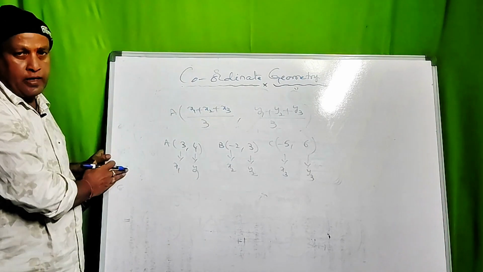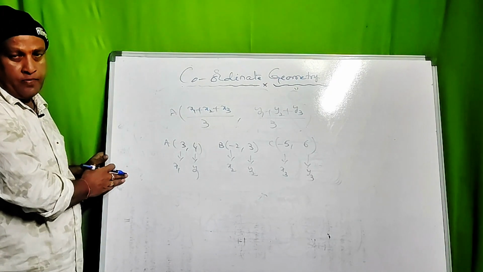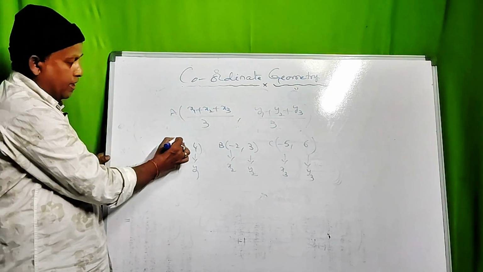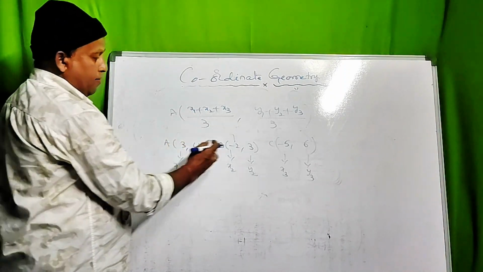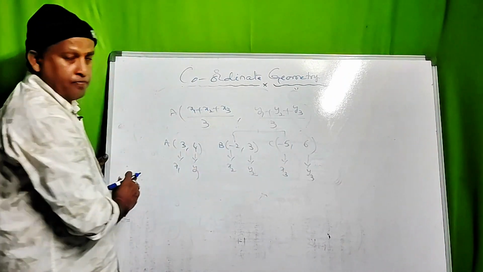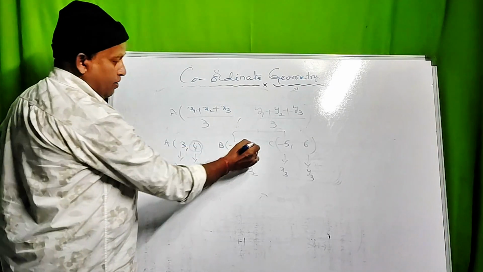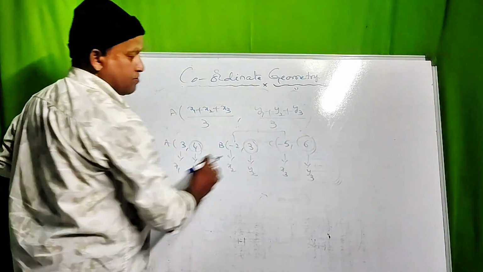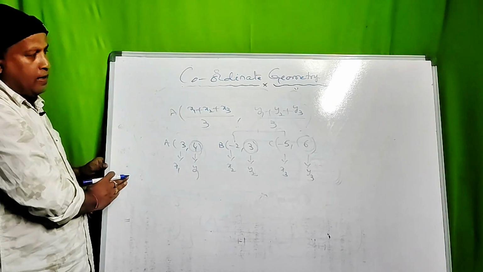And the values are also there. Your part is only to replace the values, right? So those are the x coordinates. Just notice where the x coordinates are: 3, minus 2 and minus 5, isn't it? And the y coordinates are 4, 3 and 6. Please replace, nothing but just replacing.